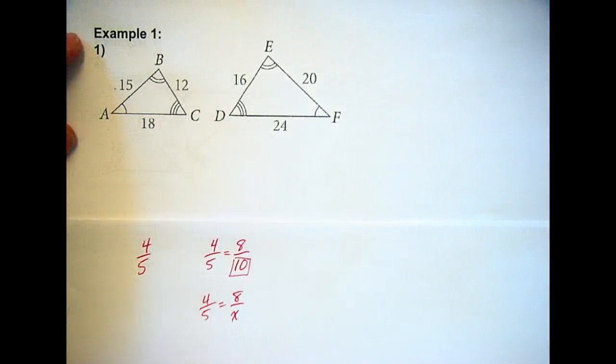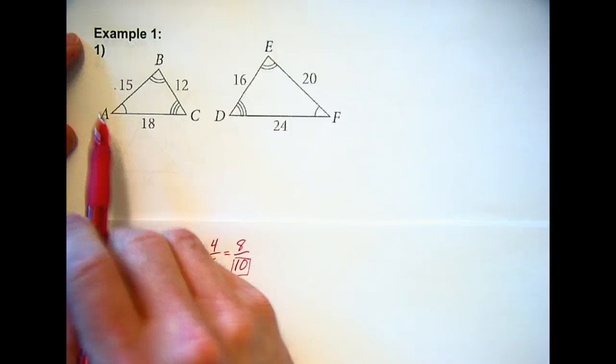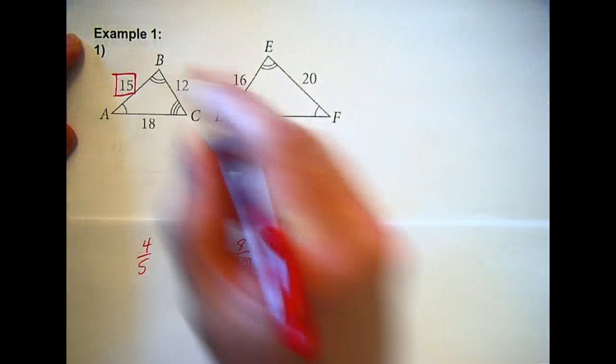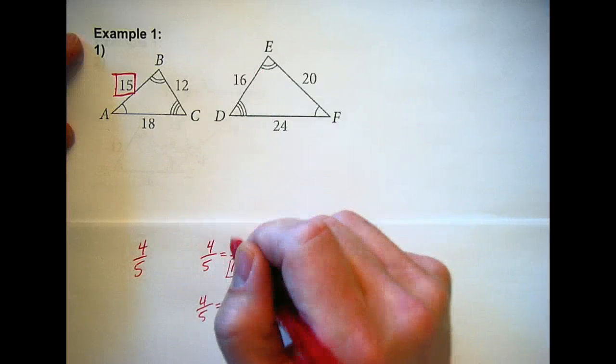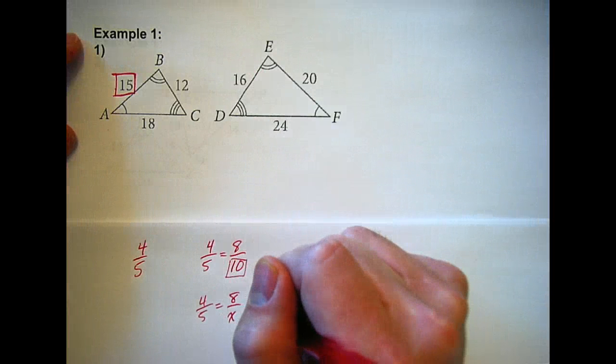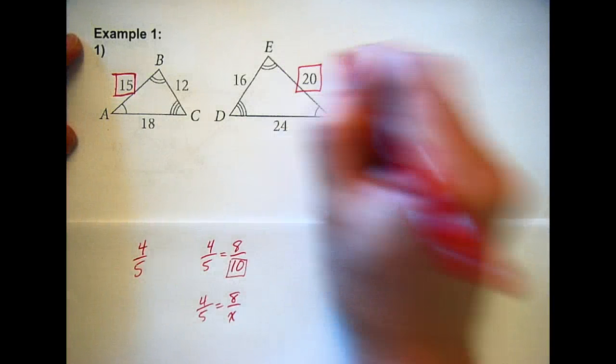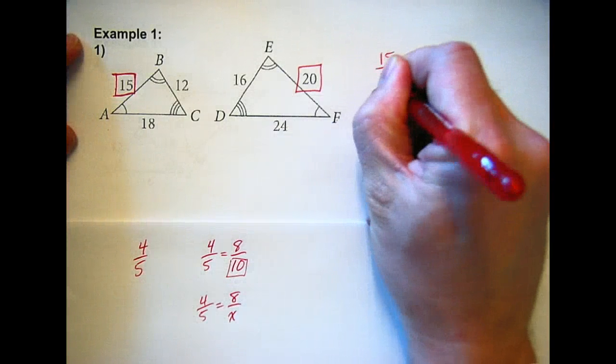So when I set them equal to each other, 15 corresponds to which side on this figure? Yeah, EF. So 15 is 15 to 20.